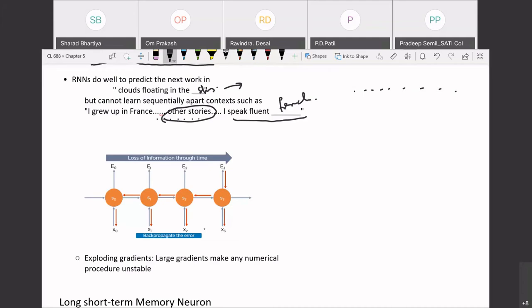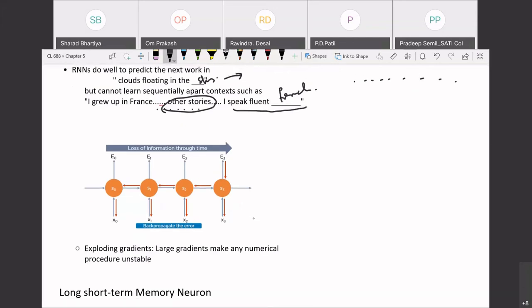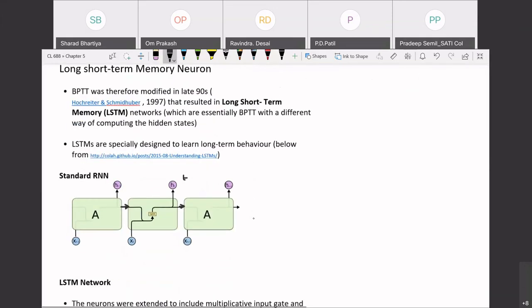So they came up with some new methods with a changed neuron. They came up with an LSTM neuron. So we don't use the standard neuron that we discussed in MLP, but we use a different neuron, which was again given by the same authors, known as the LSTM neuron.